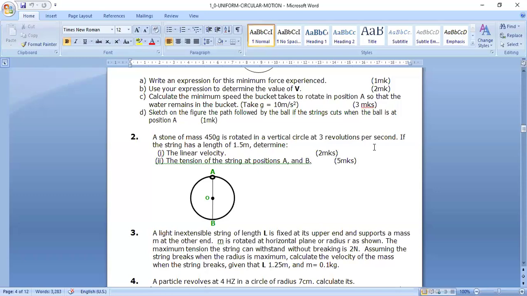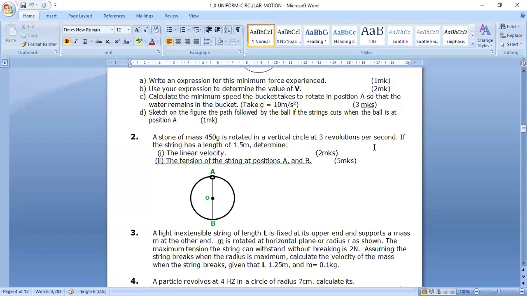So 0.45 multiplied by 28.27 squared divided by 1.5 gives us 239.76 minus 4.5. So when we minus 4.5, we get the answer is 235.26. That's the answer. Newtons.